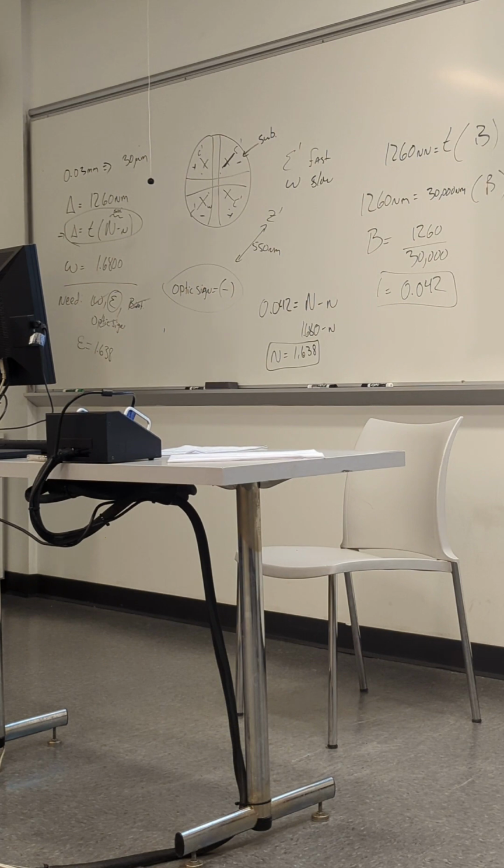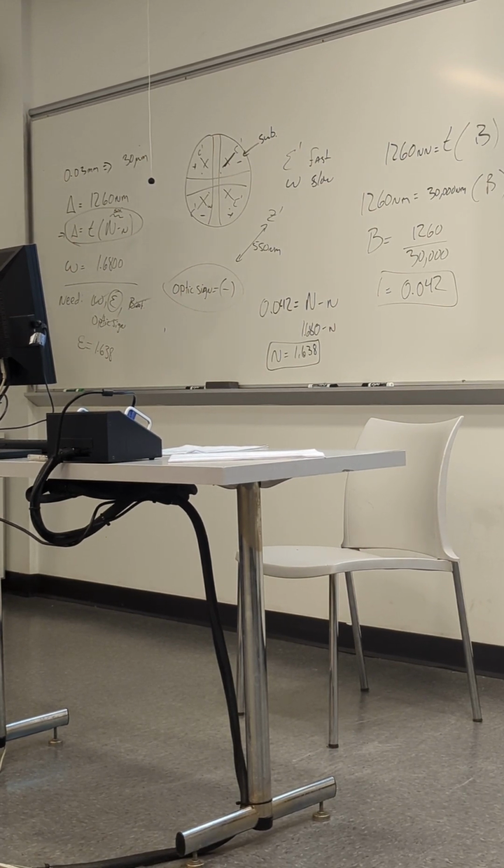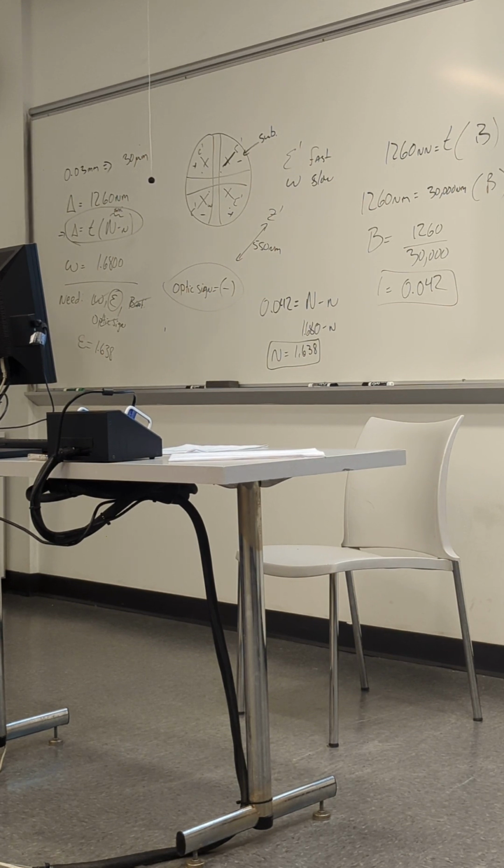Everything else is just basic mathematics. The math here, you can all do in your sleep. There's nothing really complicated. It's putting together the concepts that makes this challenging. Are you okay with that?